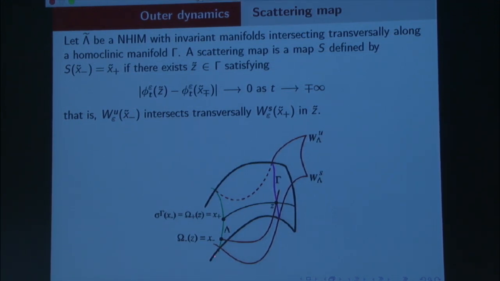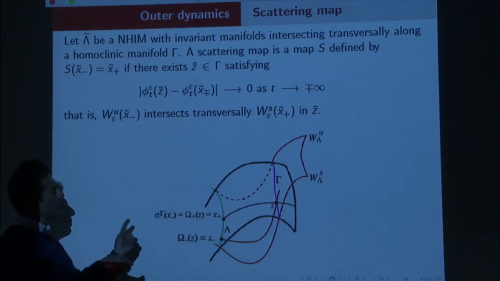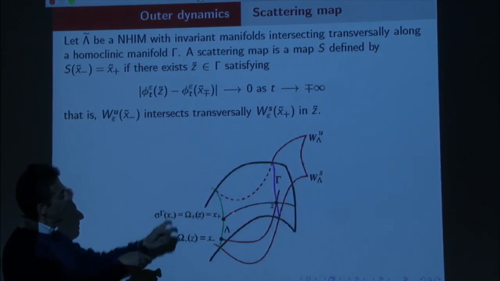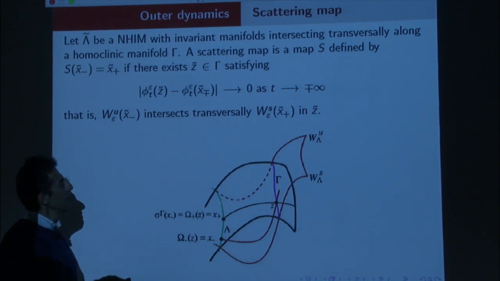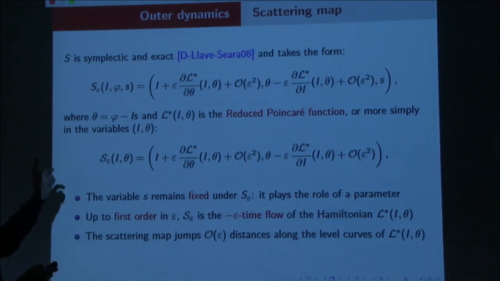And I recall that here we have an inner dynamics, and we want to see if, taking into account this outer map, this scattering map, it is possible to go back to another point and to gain action in this way. Good. The good thing is that it's symplectic, in fact it's exact symplectic.